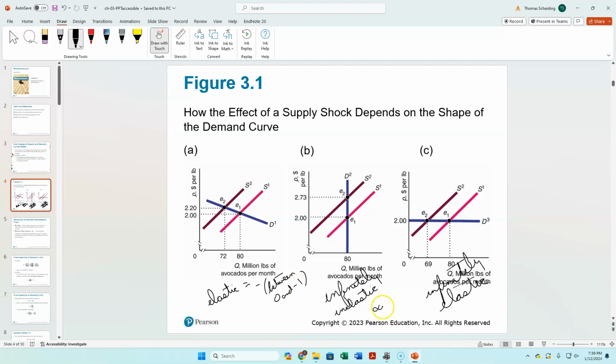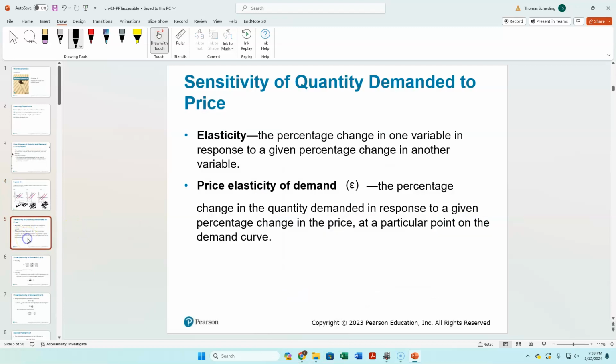Here, it's negatively infinite. And here, it's equal to 0, as it is infinitely inelastic. So elasticity of demand is always negative.